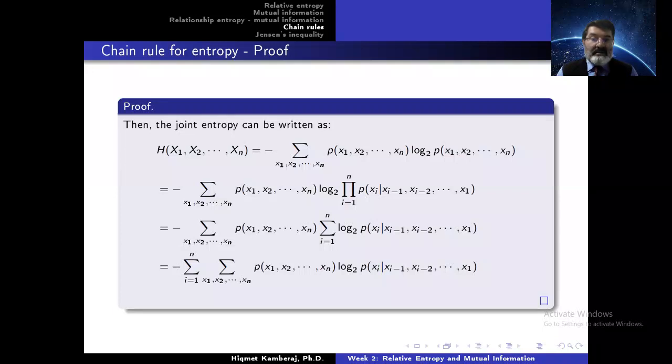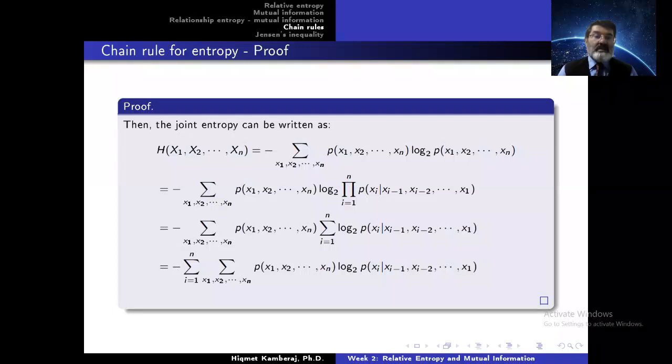Now I can replace the joint probability mass function within the log with base 2 function. Then I have minus the first sum remains as it is, the sum over x1 up to xn of p of x1, x2, ..., xn. Then the log with base 2 is written as the product for i from 1 to n of p of xi conditioned on xi minus 1, xi minus 2, ..., x1.